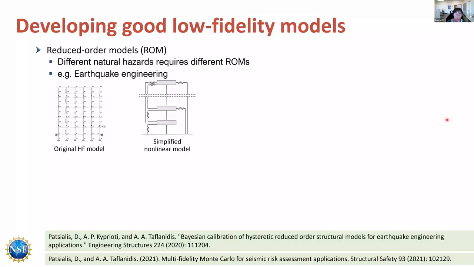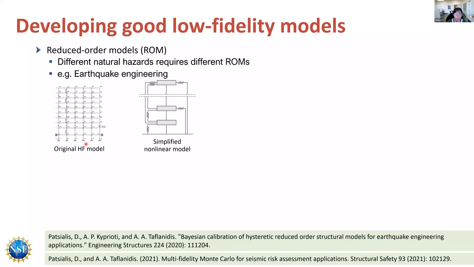Here I'm just showing one example in earthquake engineering application, as I will also show a demonstration using this example. In this case, our low fidelity model is a simplified non-linear structural model, which evaluates much faster than our very detailed FEM simulation model.